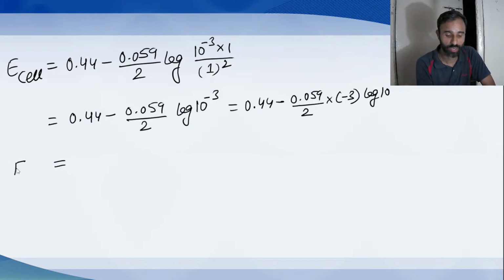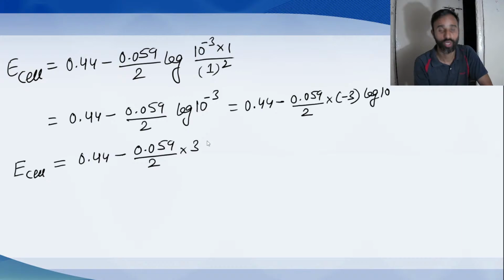So E cell is 0.44 minus 0.059 by 2 into minus 3. Minus plus, yes, minus 3.